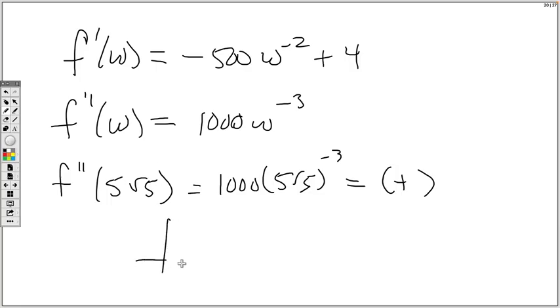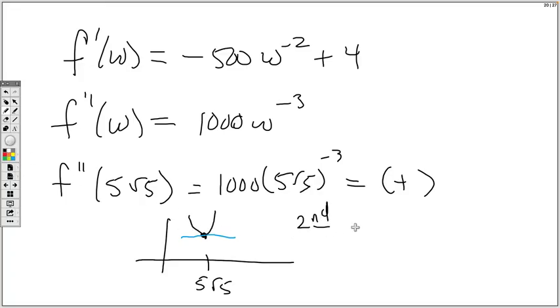So on our graph, over here at 5 root 5, I know that the first derivative is 0, so I know that it's locally flat. The second derivative is positive. That tells me it's concave what? Up. Okay.